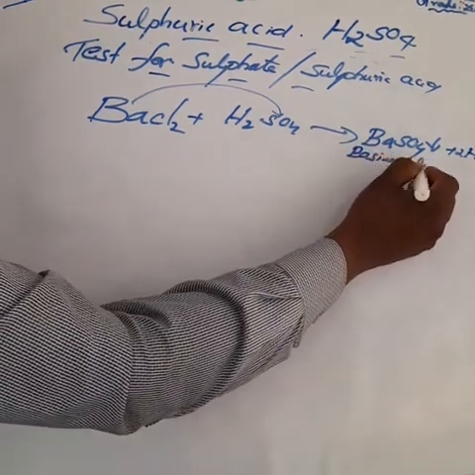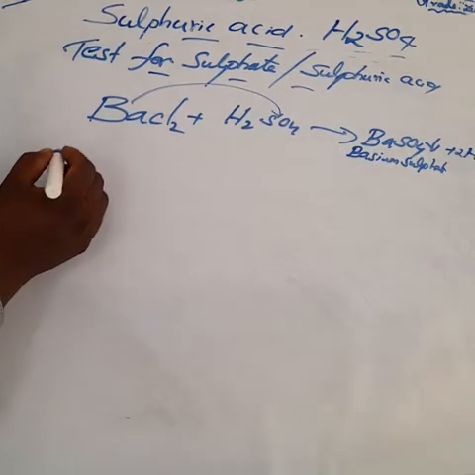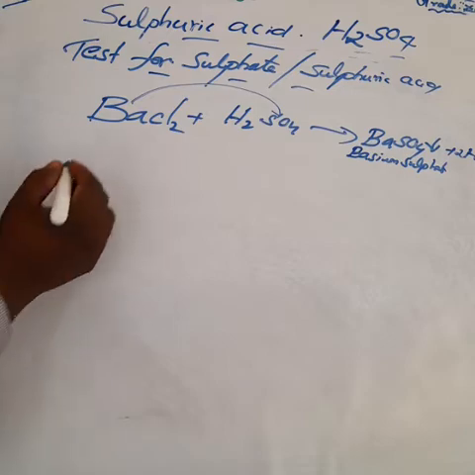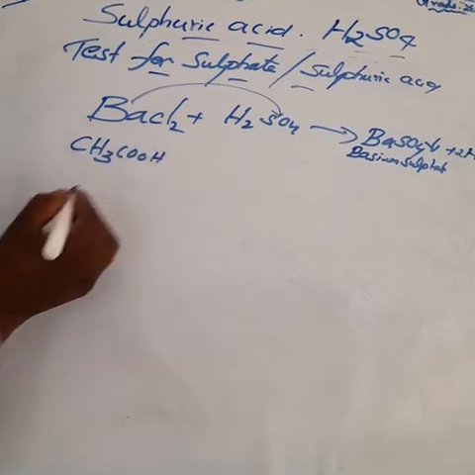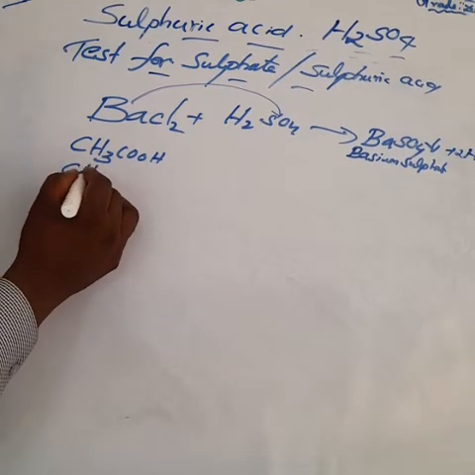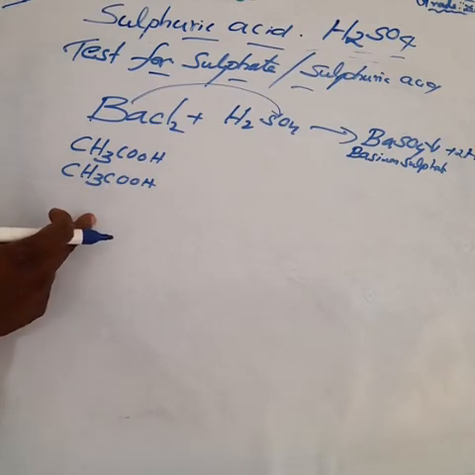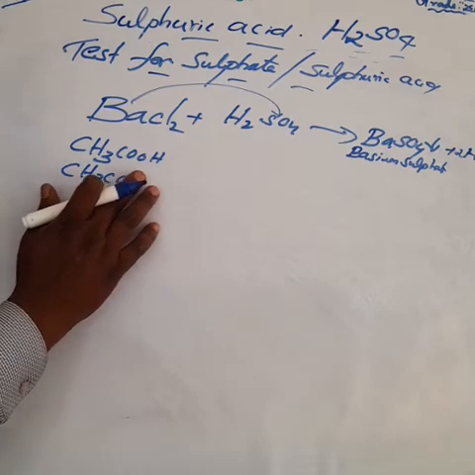Next, one more. Lead acetate. What is the formula for acetic acid? CH3COOH. Otherwise, we can say ethanoic acid.